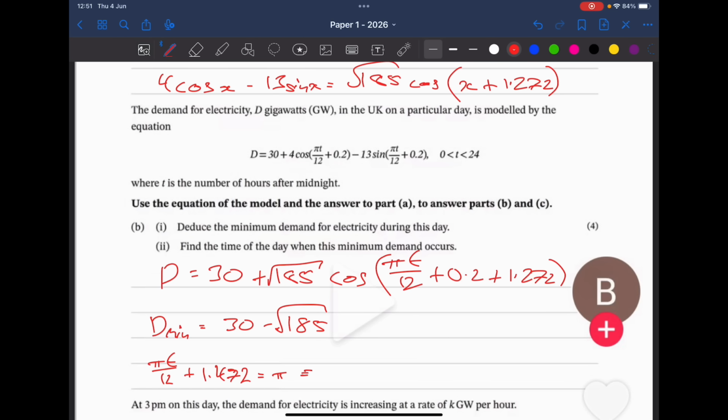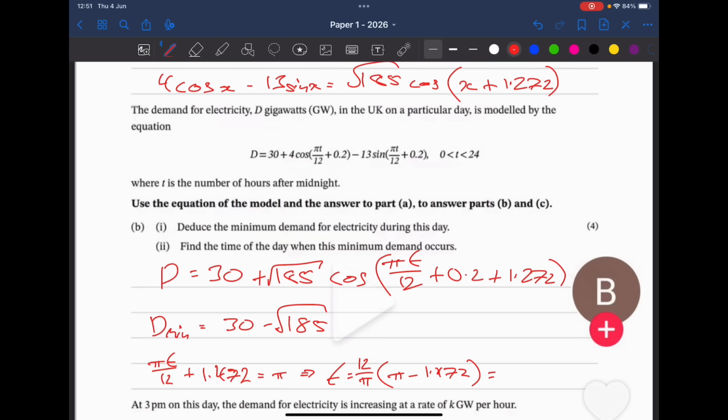Let's just rearrange this for t then. Pi minus 1.472, we can have that as one fraction, and then times that by 12 over pi. And that should be a value for t.